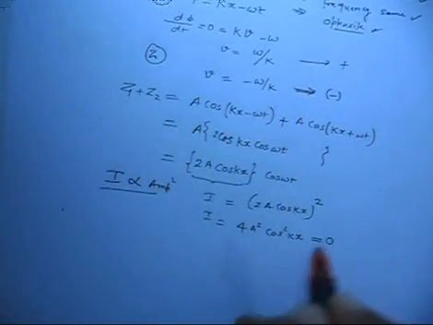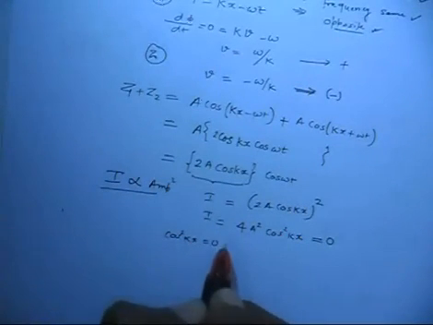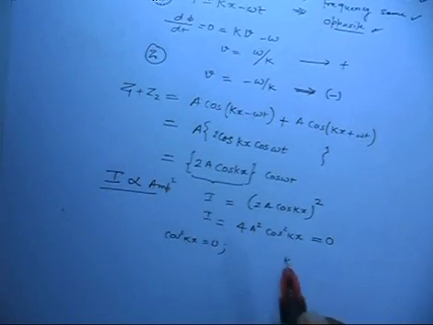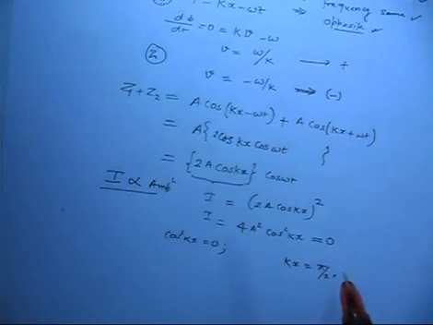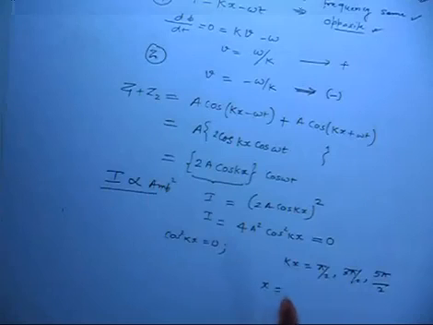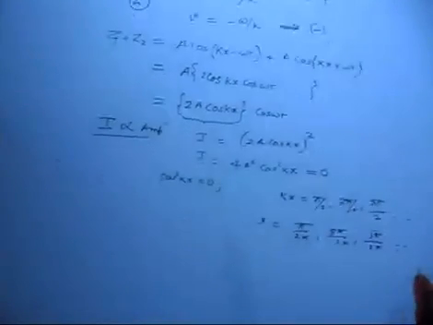This has to be 0, so cos squared kx is 0. This is possible when kx is pi by 2, or 3 pi by 2, or 5 pi by 2. So x is pi by 2k, 3 pi by 2k, 5 pi by 2k. These are the points where the intensity will be 0.